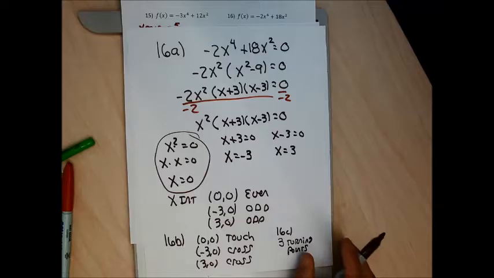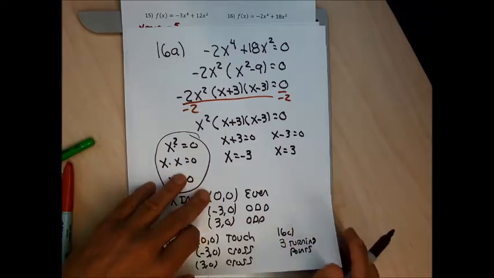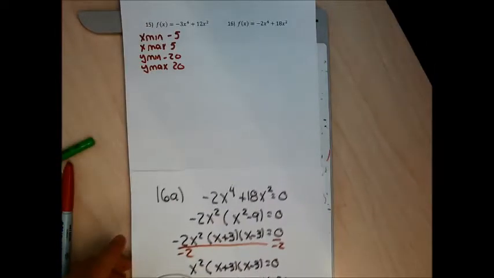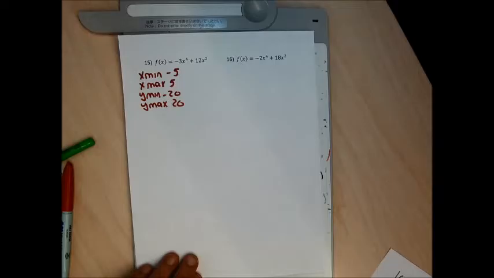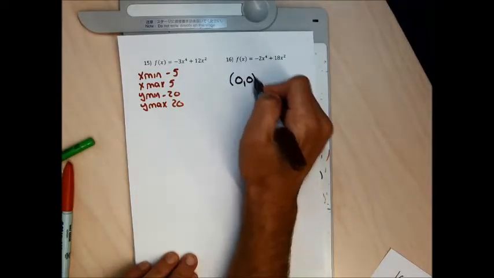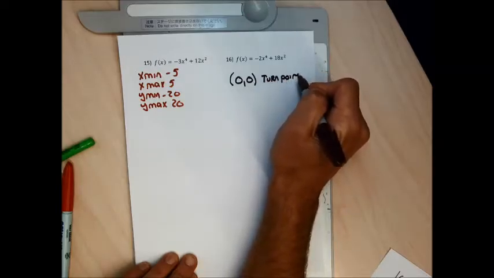Now I'm going to go and do a graph. I'm going to make sure to plot those intercepts and the turning points, but I need to find the turning points with a graph. Hopefully my window and your window is going to be the same. It may not be, but I know I'm going to have to plot the x-intercept of (0, 0), which is going to be a turning point because it has even multiplicity.